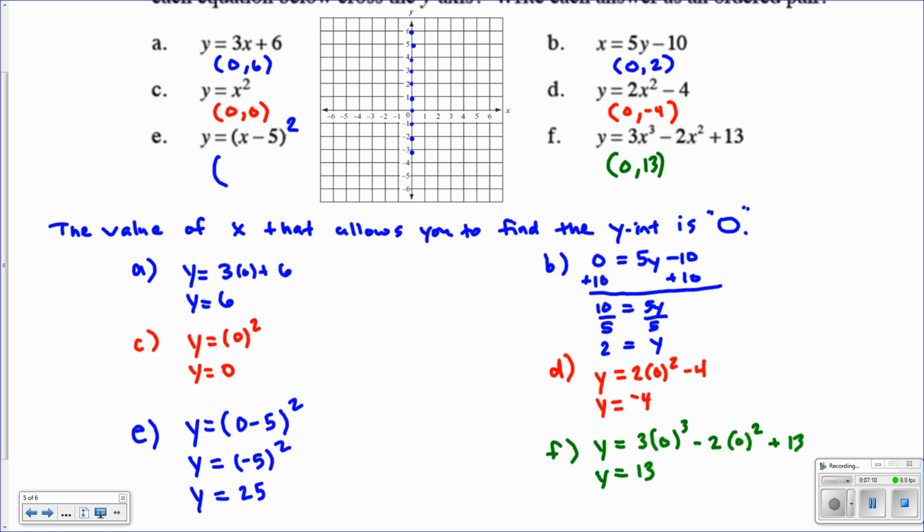So our actual answer here should be 0, 25. I apologize if I threw people off there, but I didn't even notice that that wasn't supposed to be there until after I was finished doing the problem. All right, so everything else should look good there.